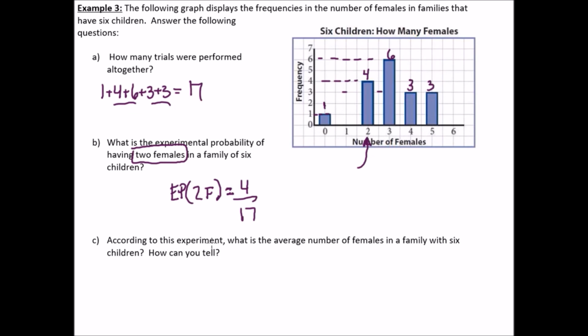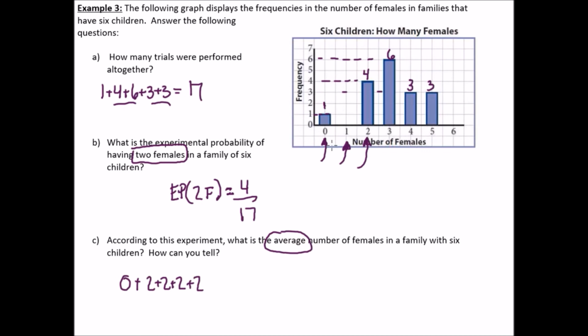Okay, and according to this experiment, what is the average number of females in a family with 6 children, and how can you tell? What I would do is, we know that there are 17 families, so I would add all of these up. So this is 0 one time. There are no families they surveyed with 1 female, but there are 4 families with 2 females. So 1, 2, 3, 4.